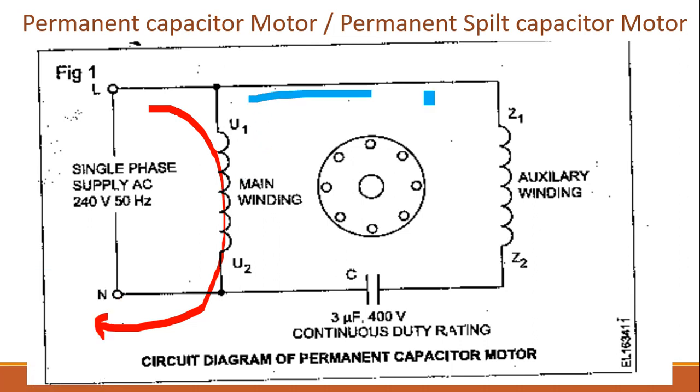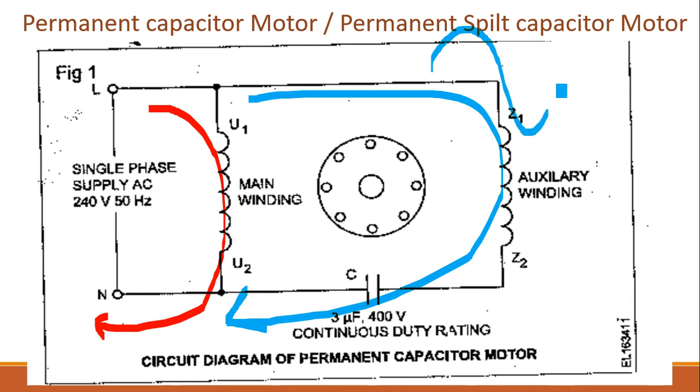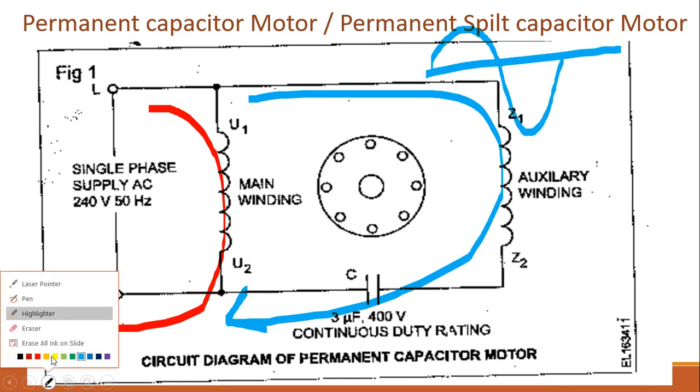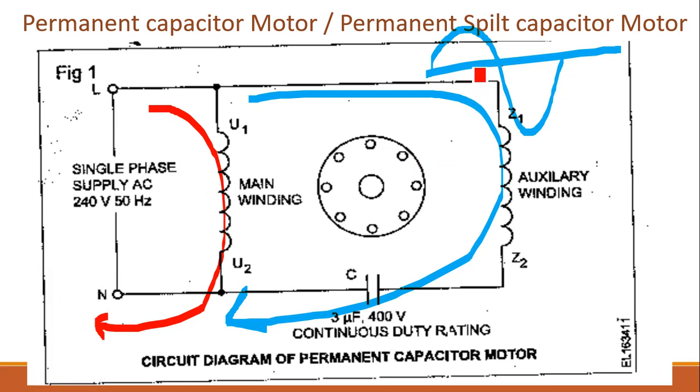The auxiliary winding current will have a leading value because of the capacitor, and the main winding will have a lagging condition. So the phase split is there and decided by the capacitor. Consider this the original direction of rotation of the permanent capacitor motor, the PSC motor.